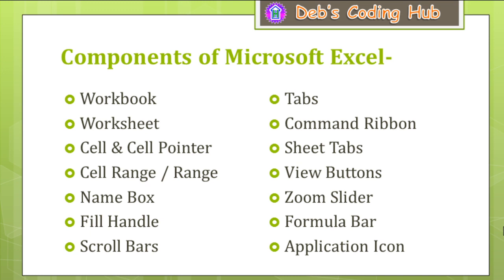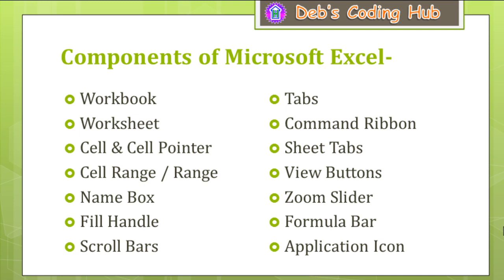Now, the components we must be aware of when we are going to learn Microsoft Excel are like this. Workbook. A workbook is nothing but a file created in Microsoft Excel. When a workbook is saved, it is saved with an extension of XLSX.